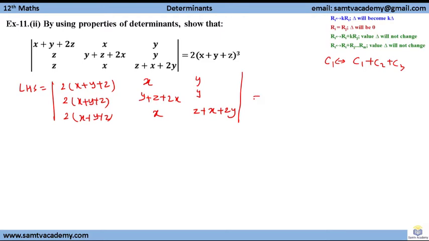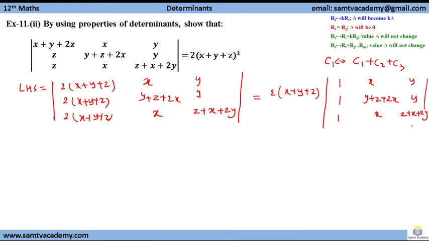So from here we can take 2x plus y plus z common. Now what are we getting? We are getting 1 1 1 here, and x, y plus z plus 2x, and x, y, z plus x plus 2y.